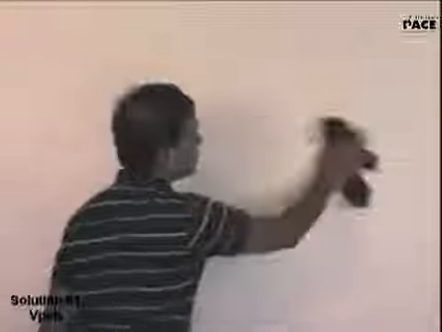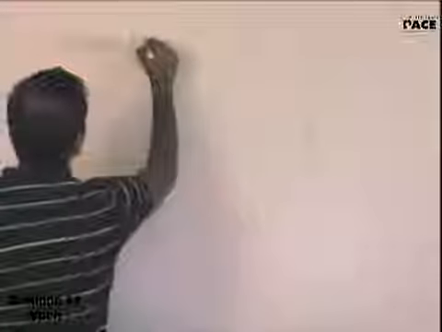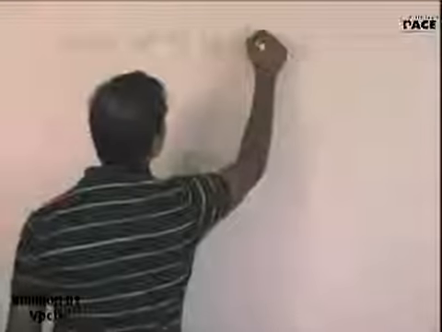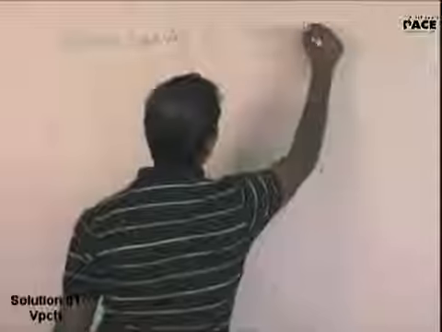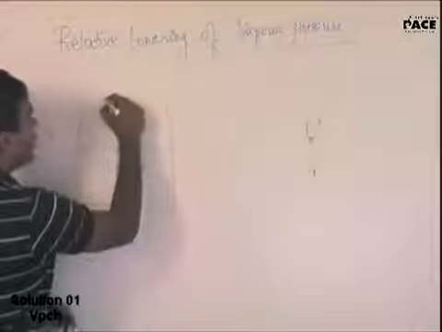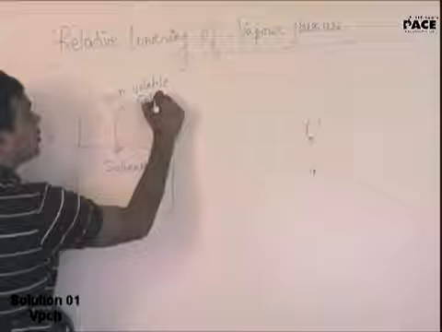More important is what we are going to do now, which is the first colligative property, relative lowering of vapor pressure. Suppose I have a solvent and I add a non-volatile solute.